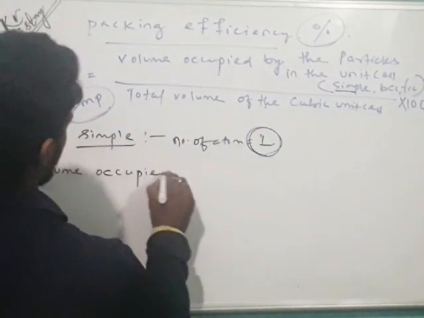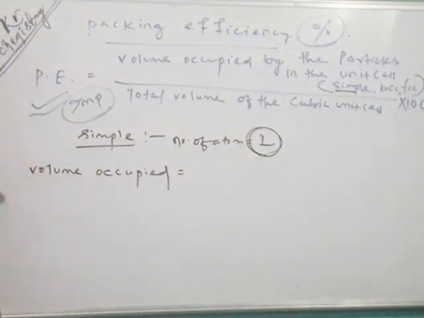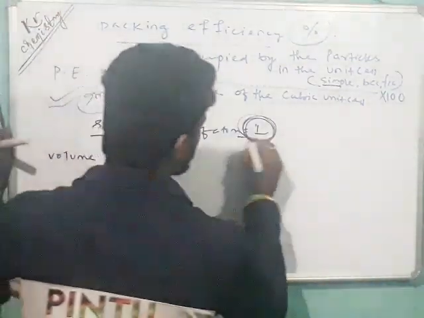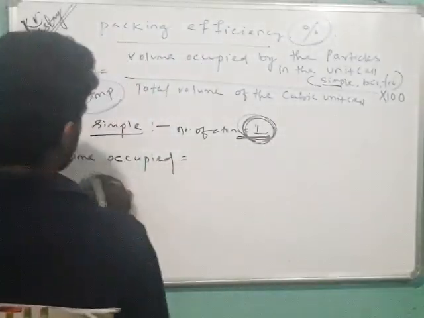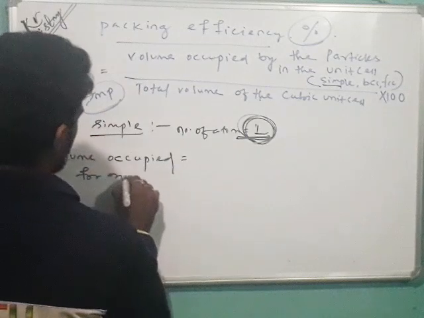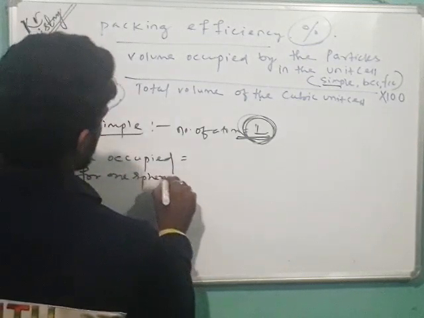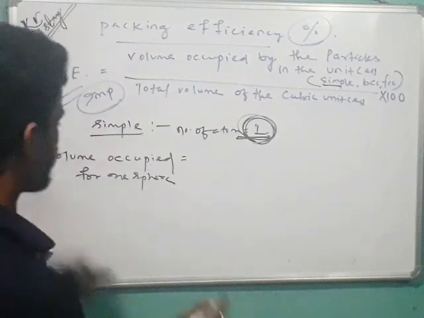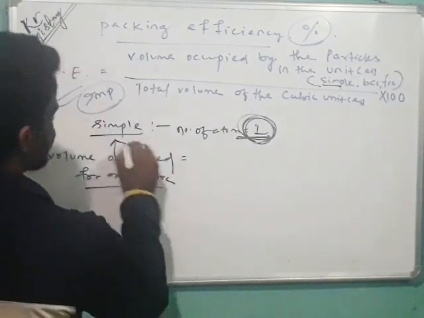Volume occupied is equal to how much? That is the volume occupied for one sphere, for simple cubic crystal.